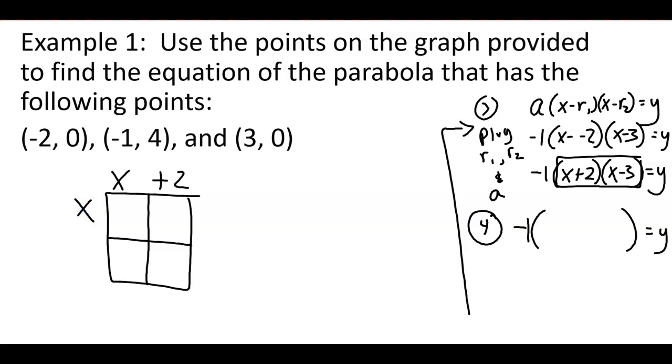So X plus 2 and X minus 3. So what goes here? X squared here. 2X here. So we have X squared. I'm going to put these together. -3x plus 2x is -1x and then minus 6.